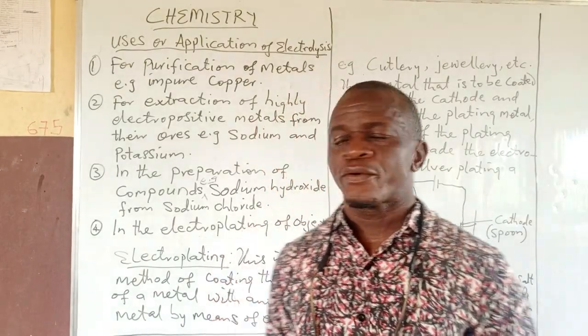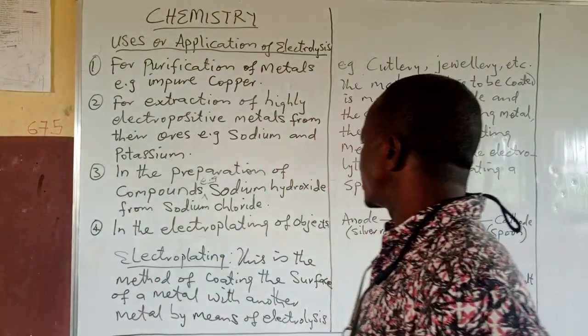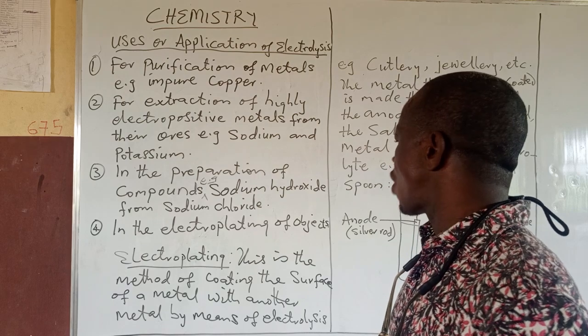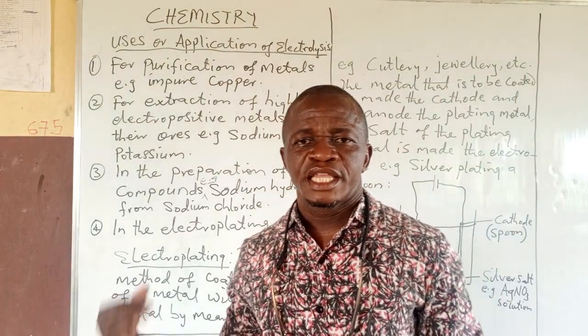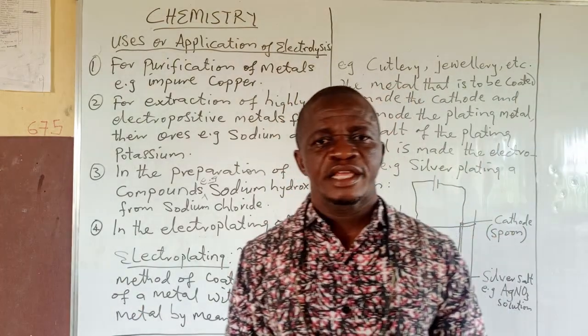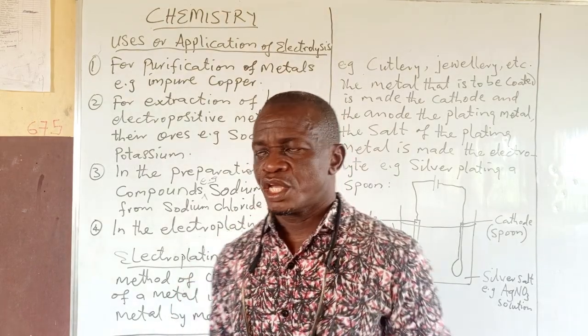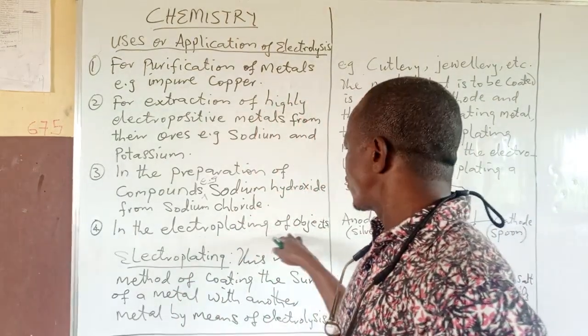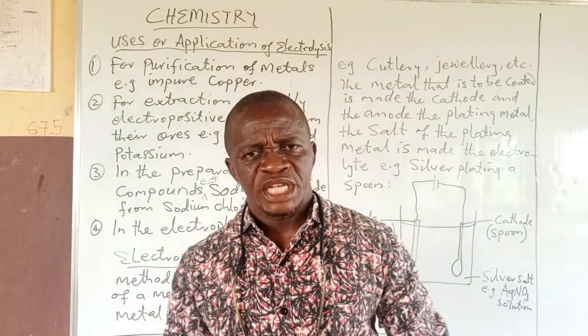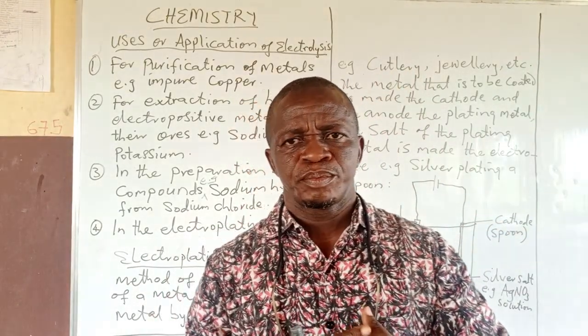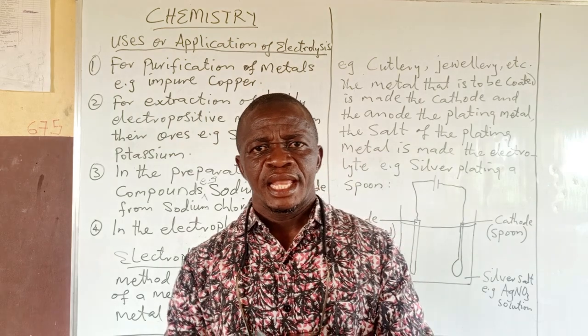Now number four, in the electroplating of objects. This one, I did not say anything about it, but now I am going to brush it. In electroplating of objects. What is electroplating in the first place?